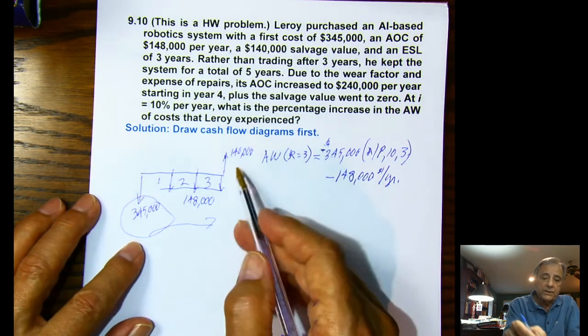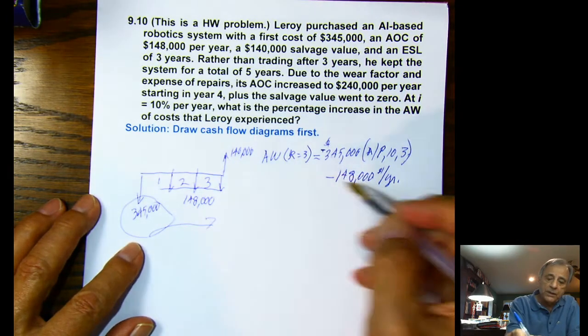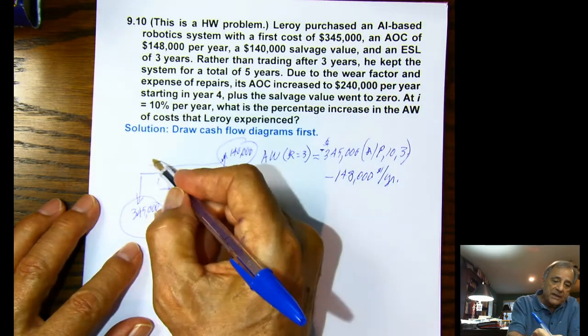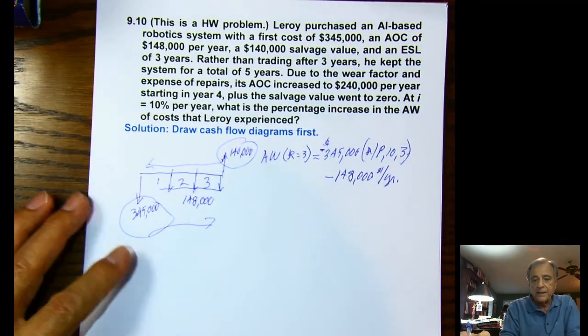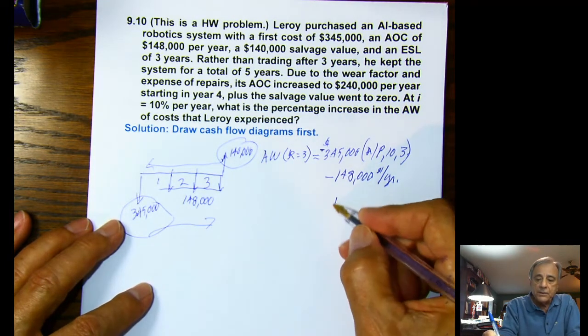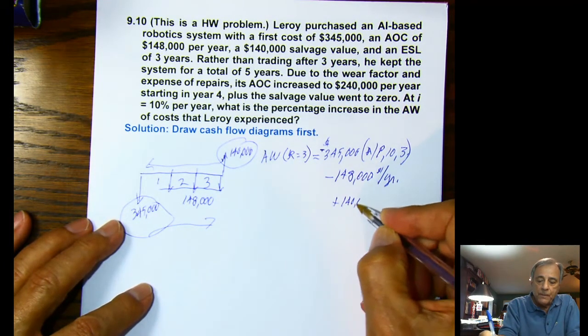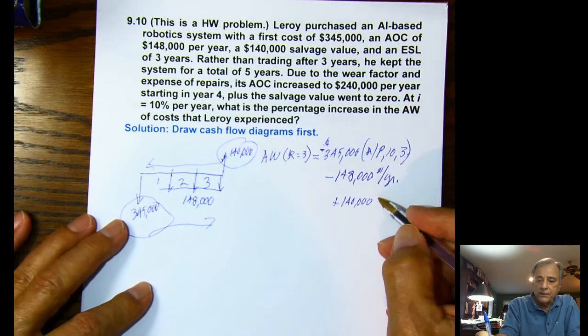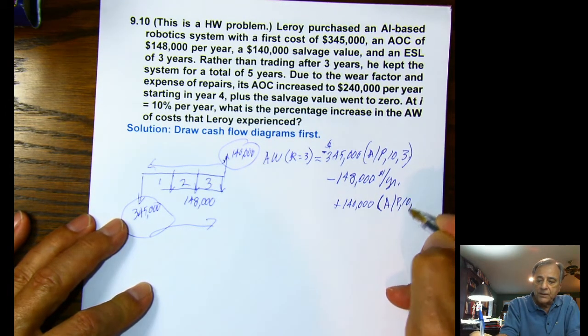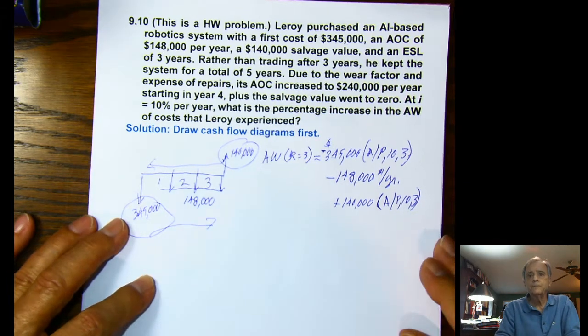And then we have this future value. So we need to take this future value or salvage value and spread it backwards. And to do that, we do A given F, and of course it has a plus sign. So that would be plus 140. That's essentially a future value times A given F, 10% for 3 periods.